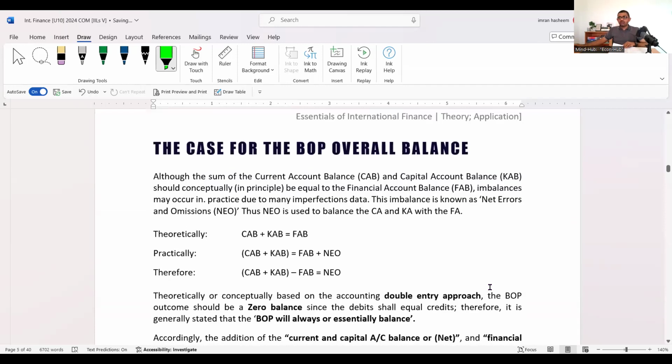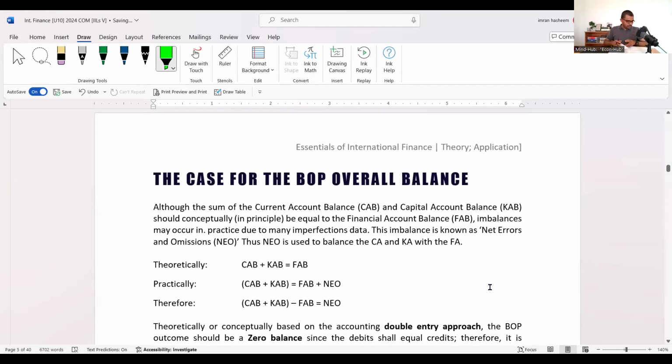The case for the BOP overall balance. Before we get to that, let me quickly remind you that 5 items are there in the financial account.